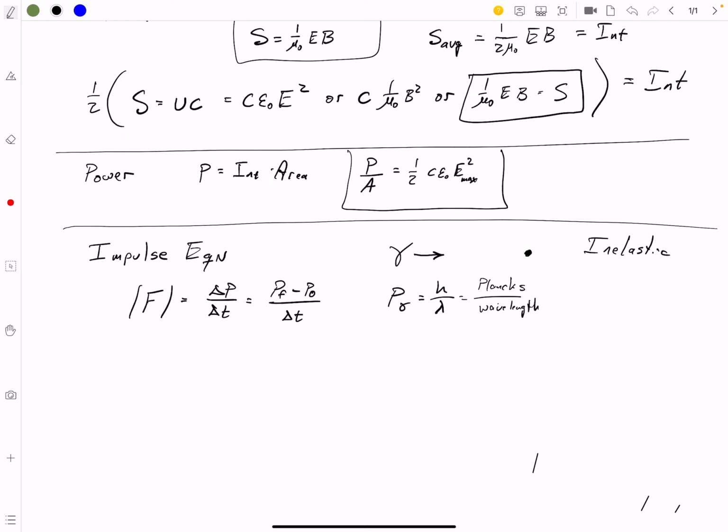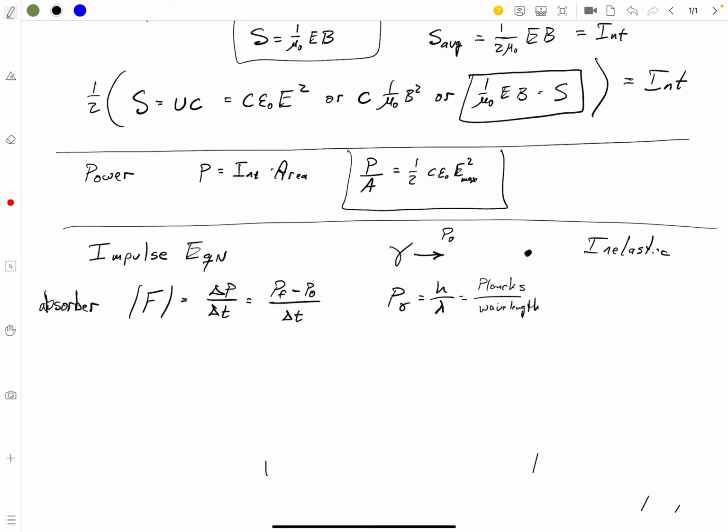I don't think we're going to get into this, but what this does demonstrate for us is that when we are absorbing, so we're a perfect absorber, our P final coming in and our P initial are definitely different.